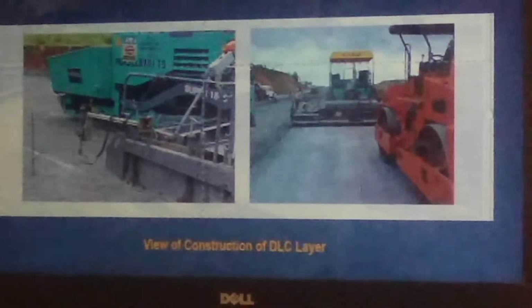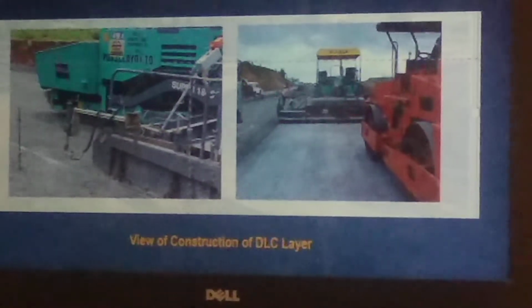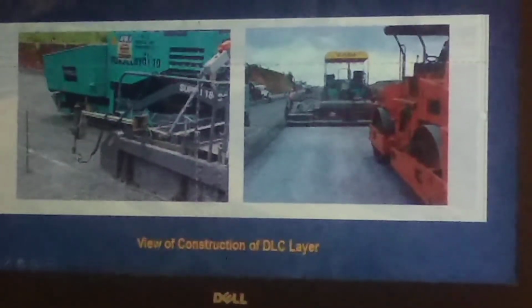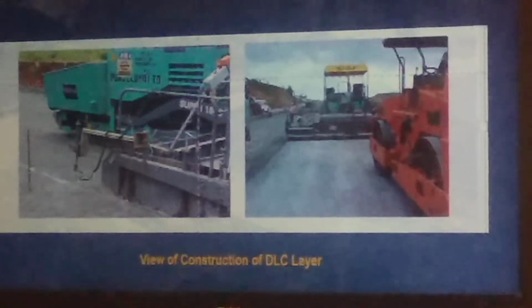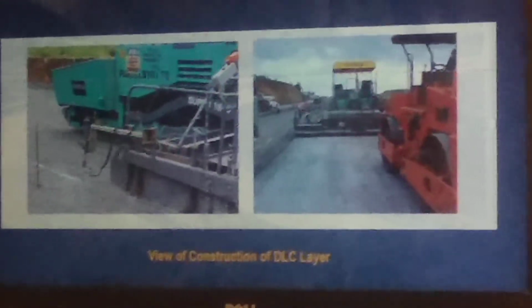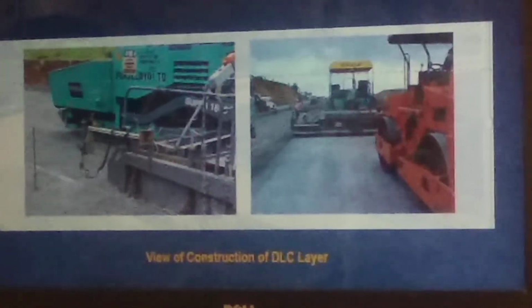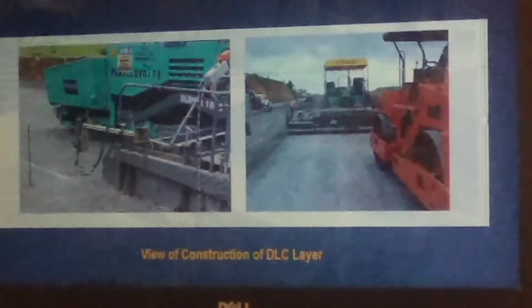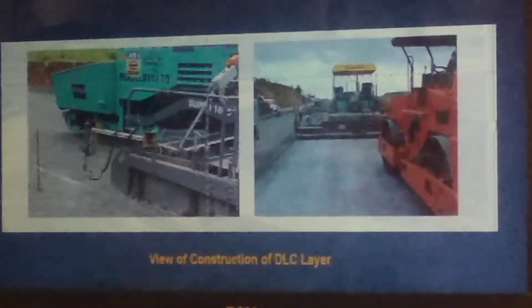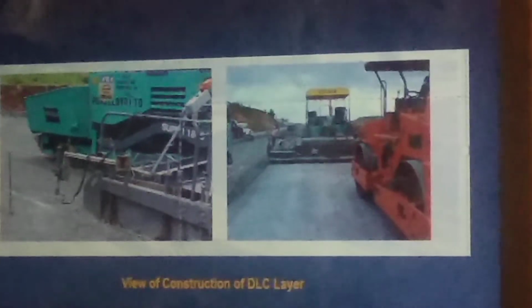So this is another view of construction of the dry lean concrete layer. This shows electric sensor pavers used for paving, and you can see the rollers. It is the same operation. The only difference is that here, instead of asphalt mix, it is the lean concrete mix which is paved using the pavers, and the same rollers which are used for asphaltic concrete or bituminous layers are used here for rolling.